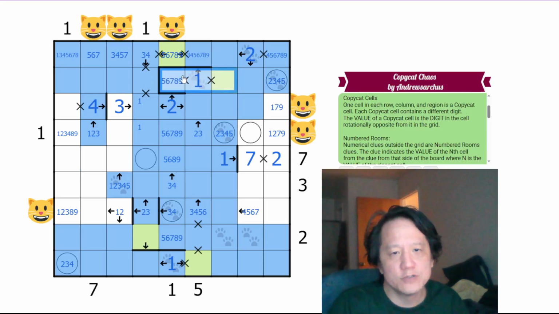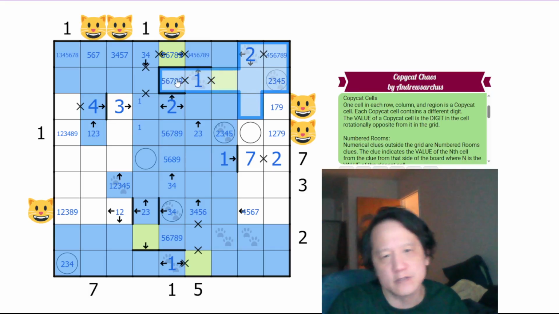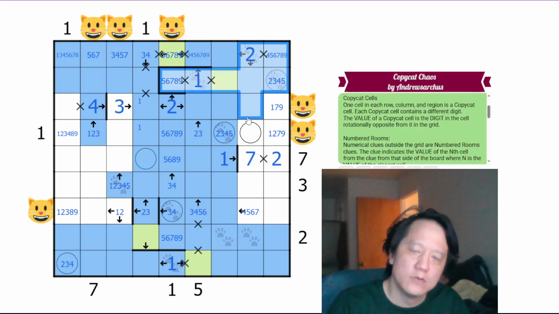We have 1, 2, 3, 4, 5 cells in the region. Can this ever be 5? So we have 1, 2, 3. If we try to make that 5, that's 1, 2, 3, 4, 5, 6, 7, 8. That does work. Okay.